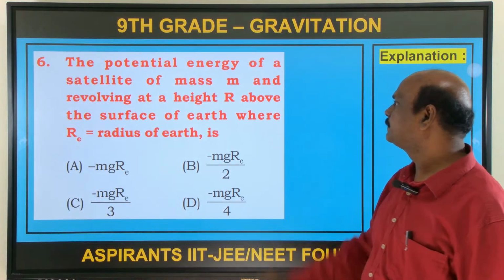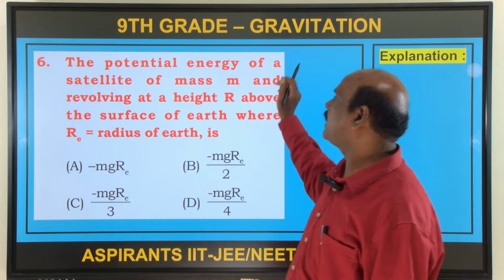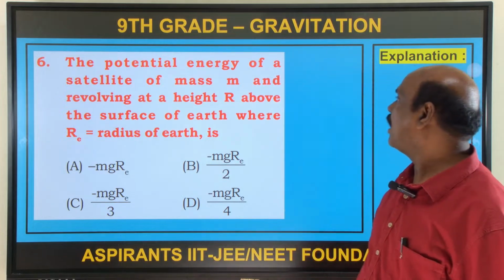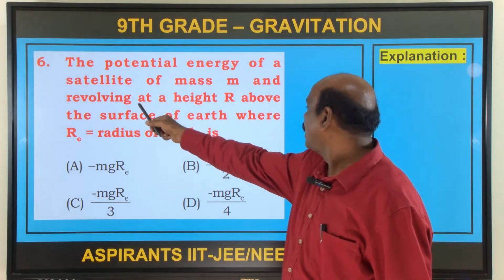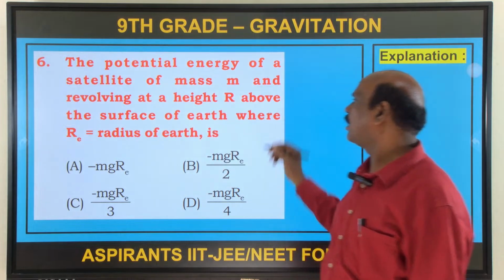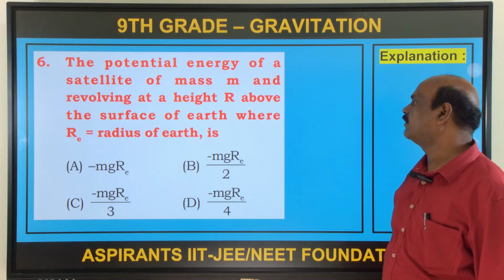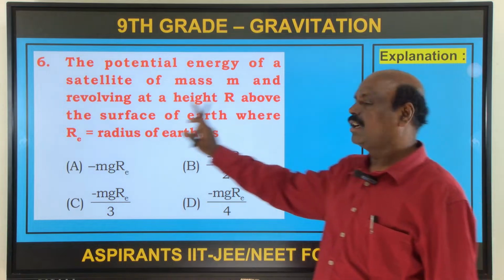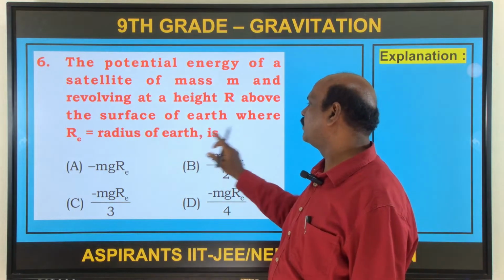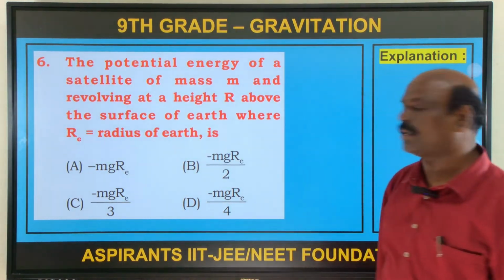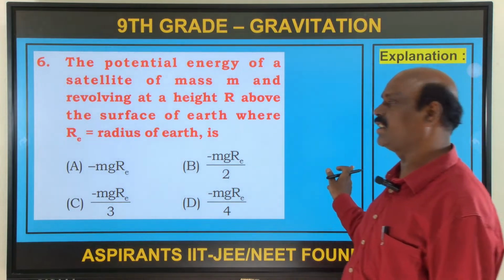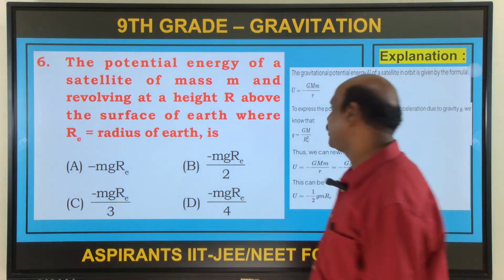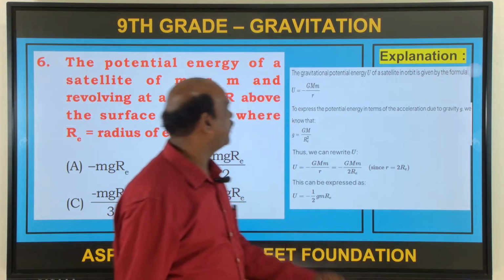Next question. The potential energy of a satellite of mass m revolving at a height R above the surface of the earth, where RE is the radius of the earth, is? He is asking about the relationship for the potential energy. You can see the solution given here.